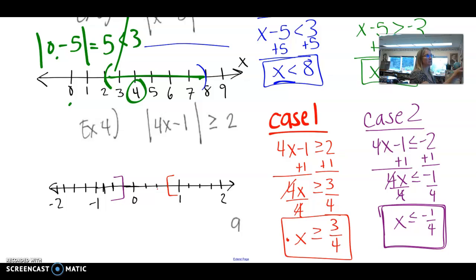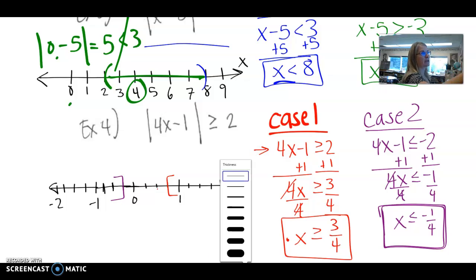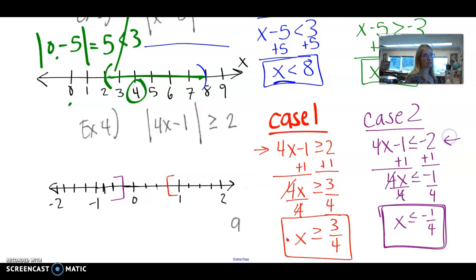So if you didn't get that, let me just go through this. We set up case 1 as 4x minus 1 is greater than or equal to 2. Case 2, we do 4x minus 1 is less than or equal to -2. In both cases, you're going to add 1 to both sides, and for case 1, I get 4x is greater than or equal to 3, and it's 4x, so I've got to divide by 4, so 3 divided by 4 is 3/4.